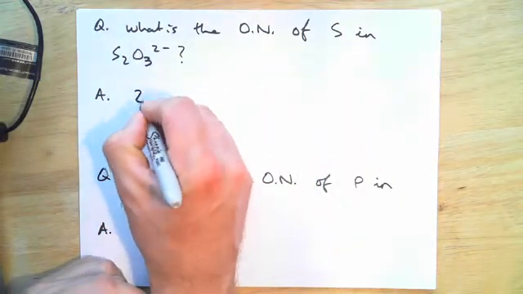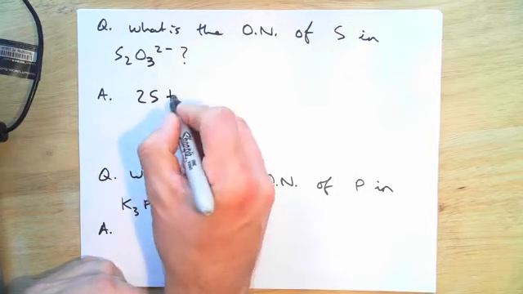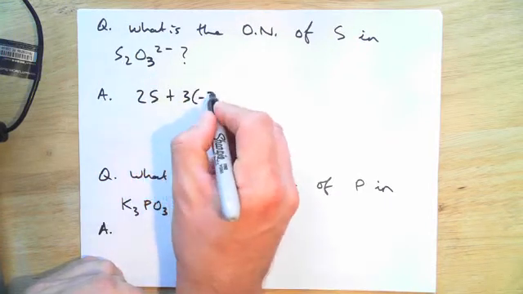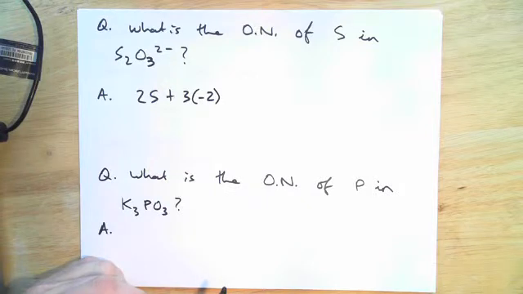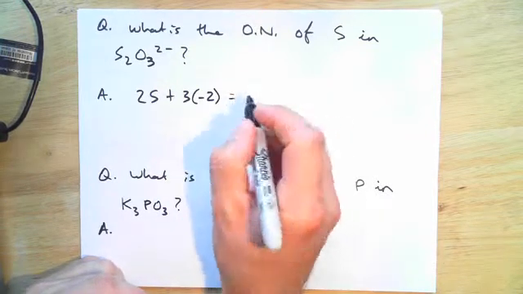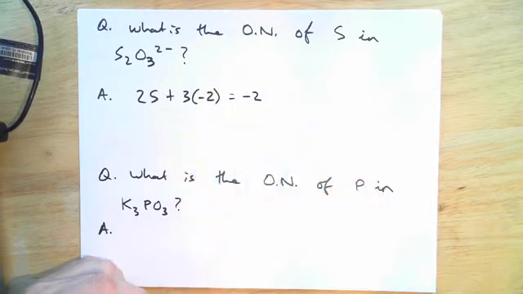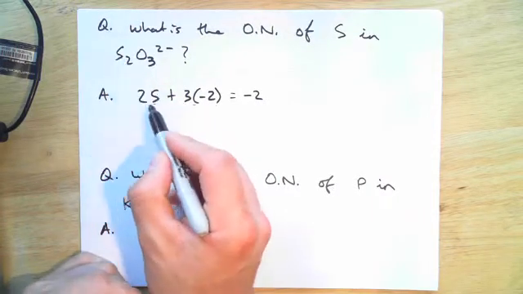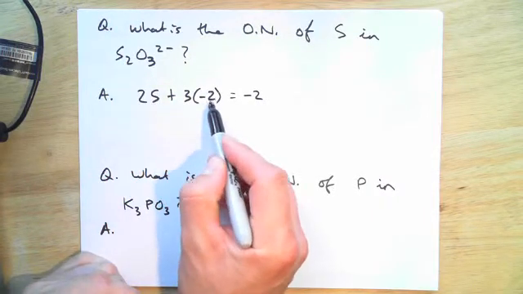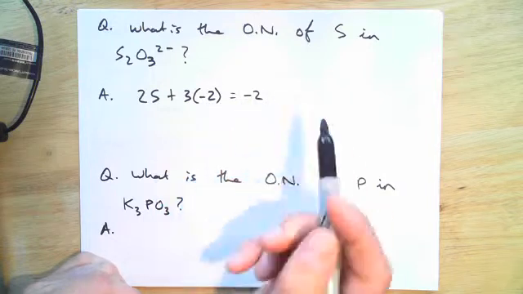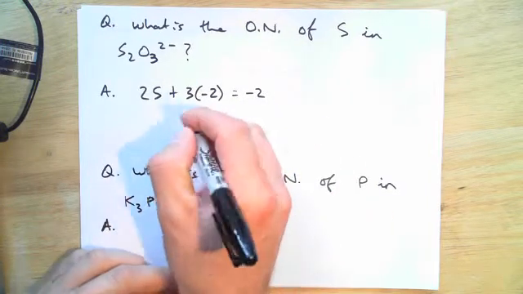So I can write this out as 2 lots of the sulfur plus 3 lots of the oxygen. Now the oxygen is normally going to be -2 for an oxidation number, and this must equal the overall charge, which is -2. So 2 sulfurs plus 3 lots of the -2 for the oxygens give you -2, and so then I can solve for the sulfur.